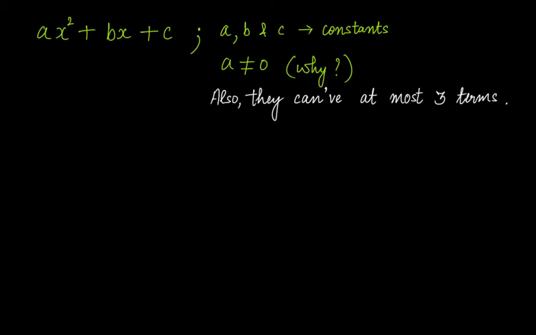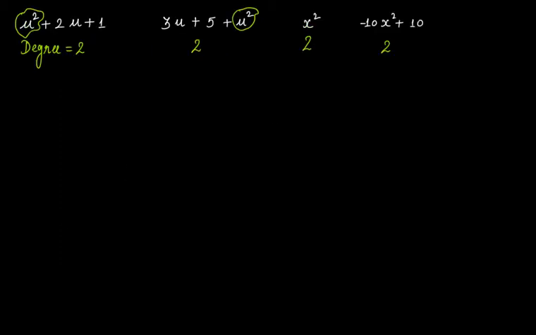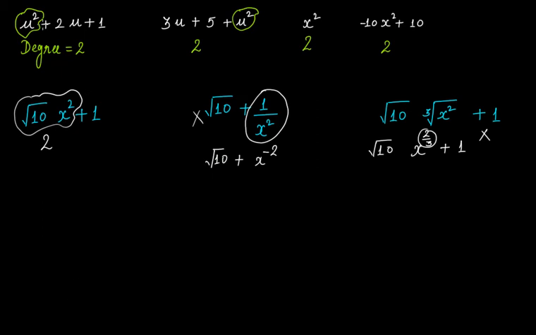So if we take our previous examples, like in this case, if we take this one, this is u squared plus 2u plus 1. Now what does u squared mean? u squared means 1 multiplied by u squared, right? So this is a, this is b, and this is c.